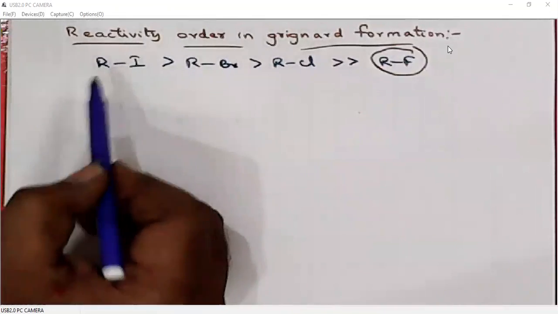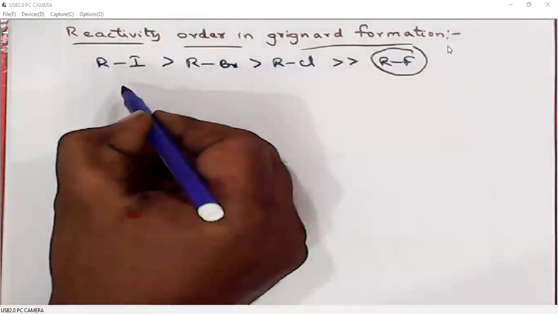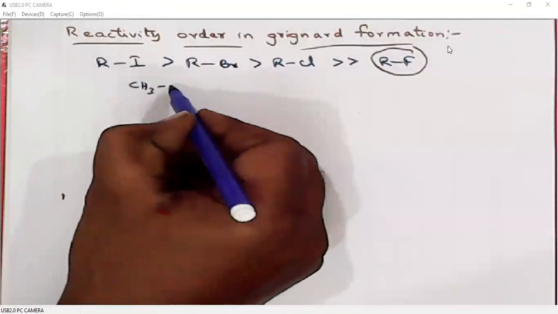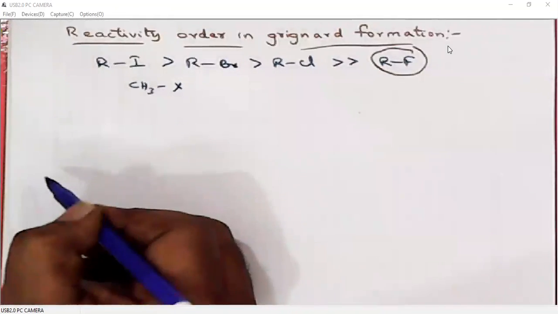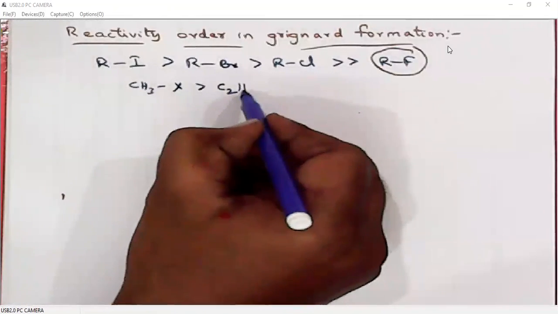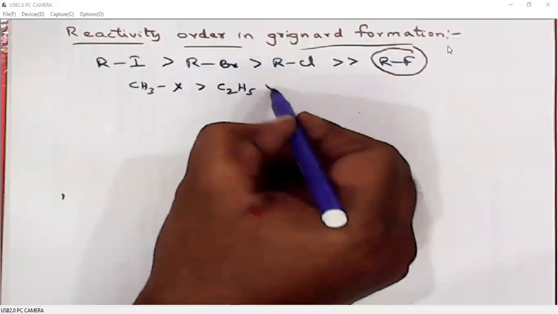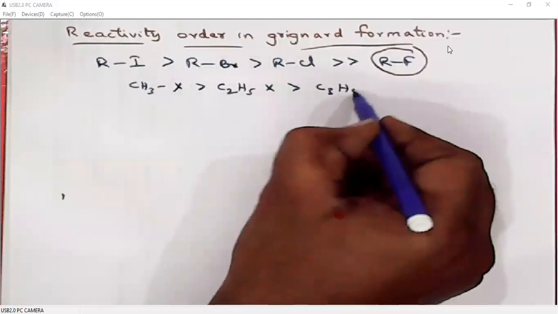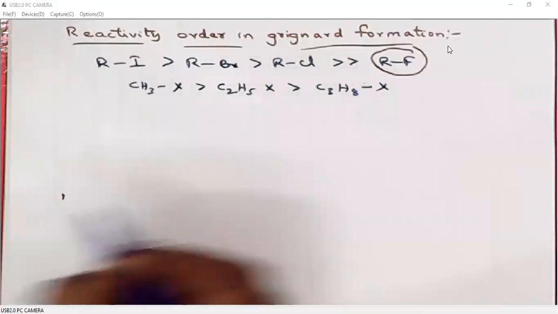more polarization. When we look at the alkyl groups, simple alkyl groups will undergo Grignard formation easily compared to bulky alkyl groups. Then n-propyl halide.